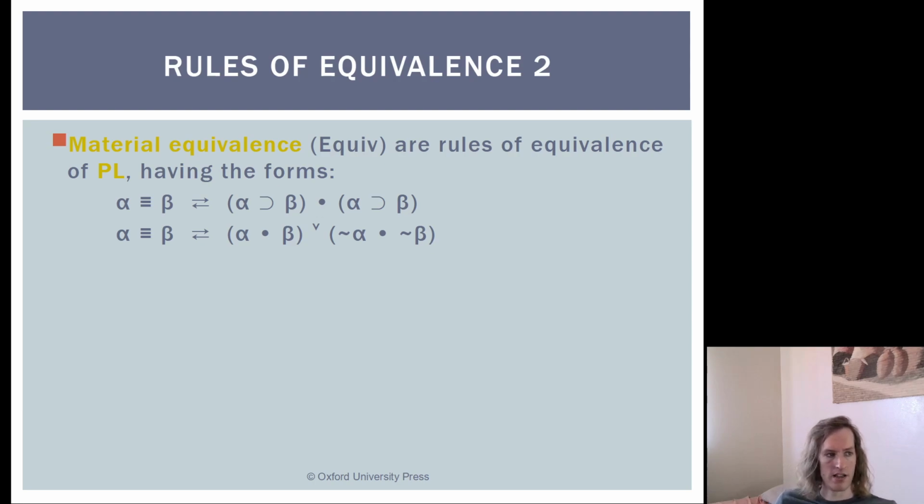All right. Next is material equivalence. So we already talked about this a little bit, and there are some rules that the book has that are specifically for biconditionals. We're not going to do those, and part of the reason why we're not going to get into those is because we have this. Anything that is a biconditional can be expressed in these other ways.